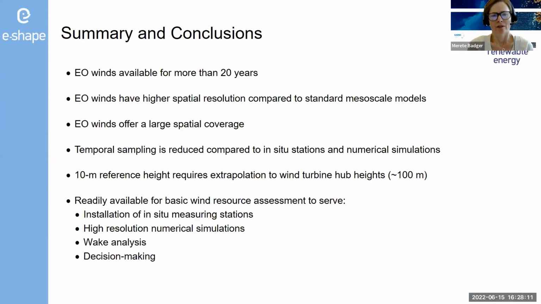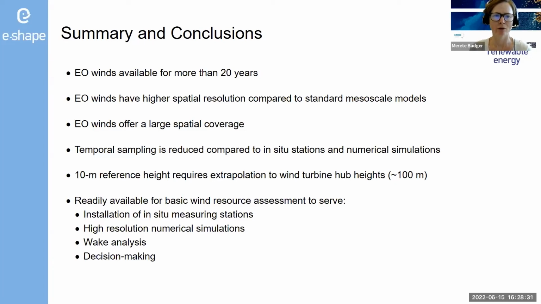So of course we need to support that and provide the data for these areas. So in summary, it's very important to remember that EO winds are available for more than 20 years. So we don't have to wait for the time it takes to install equipment and measure winds. It's all at our fingertips if we know where to find it.